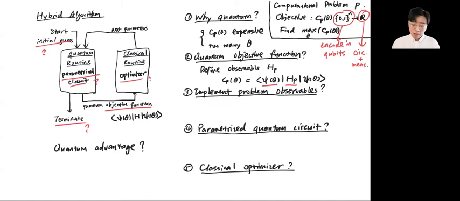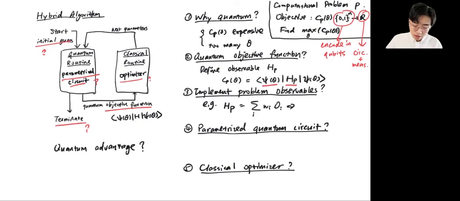Now, a simple example of such a problem observable is, say, a linear function of a set of measurements. So what we can write is that the matrix H is a linear combination of multiple measurements O sub i, where w sub i is the coefficient associated with that measurement.